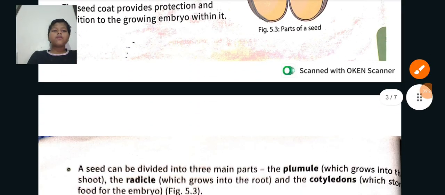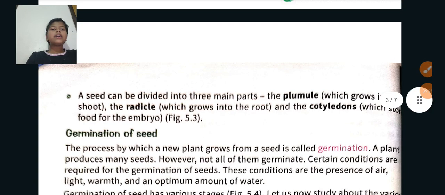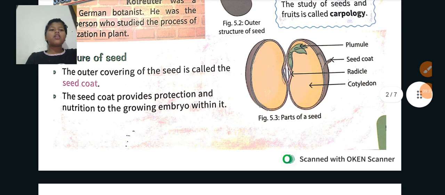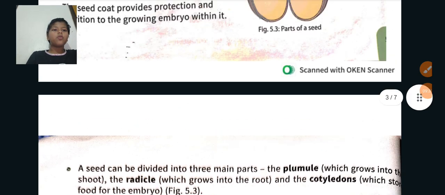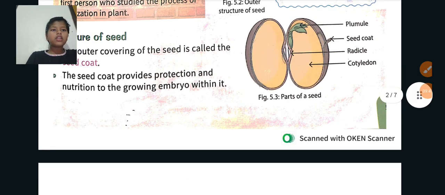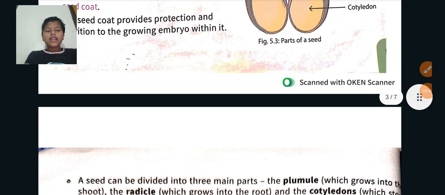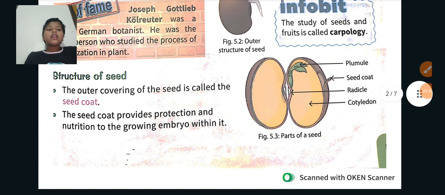Now let's move on. A seed can be divided into three main parts. The plumule, which grows into the shoot, like here you can see. The radicle, which grows into the root. Here is the small white thing you can see, which when the seed sprouts, you will see as white things.